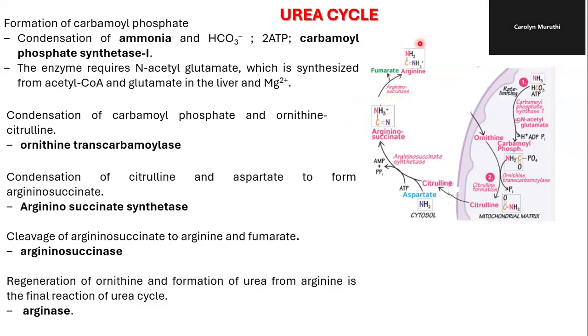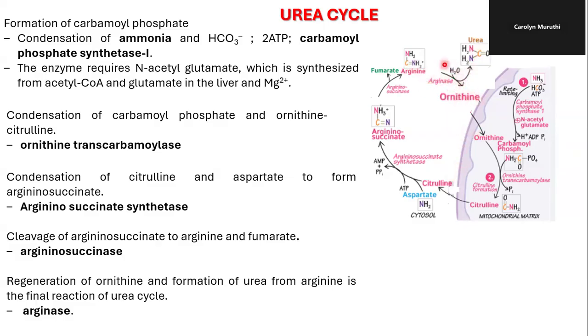The next step is a regeneration of ornithine, which is also related to formation of urea from arginine. So we have regeneration of ornithine, and it is coupled with formation of urea from arginine. Here we see in the presence of water, arginine will generate urea, and it's converted to ornithine.